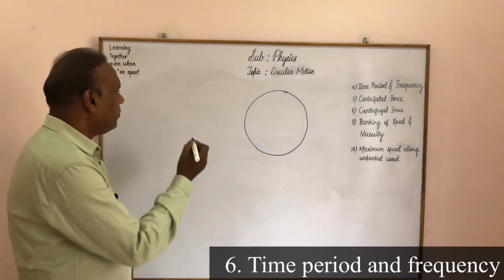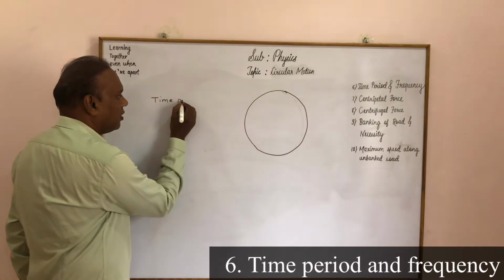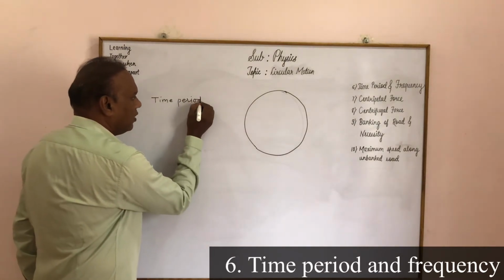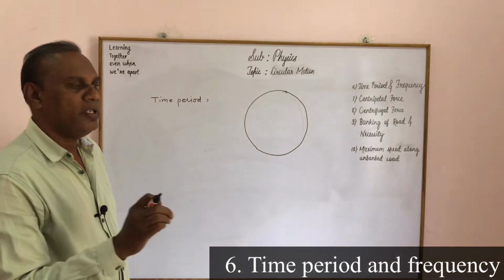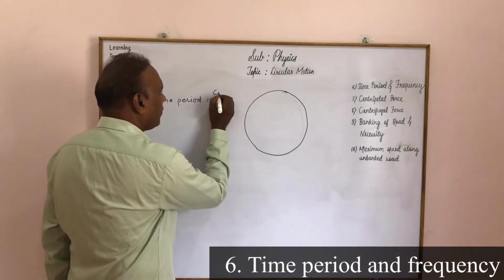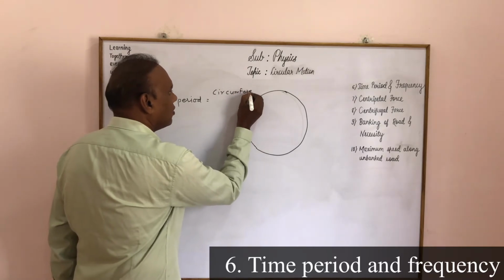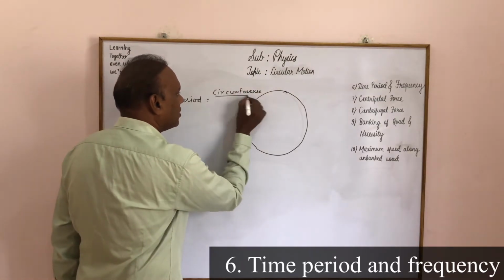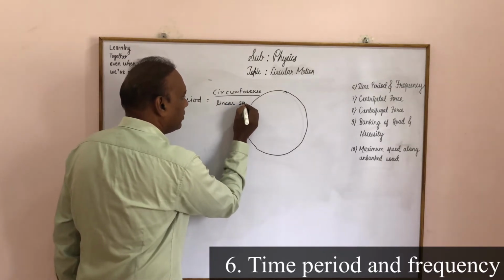Therefore, time period equals circumference upon linear speed.